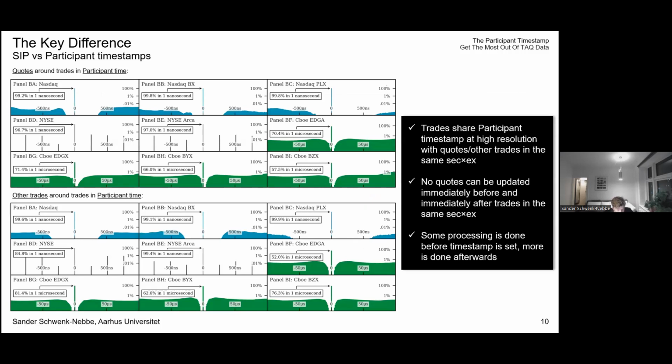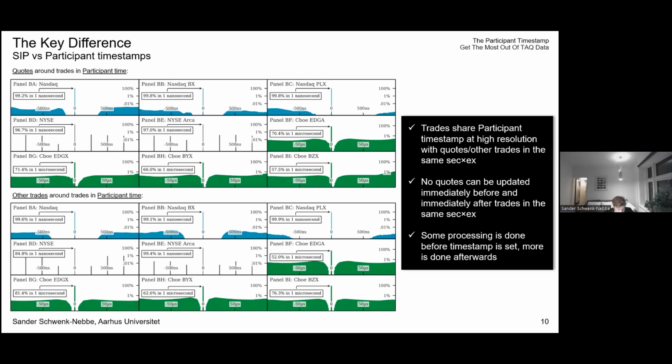Marketable orders are often executed against multiple resting limit orders, each time triggering a trade, and at the same time, orders do update the state of the book by consuming liquidity, each time updating the top of book. So in line with the pseudocode that I just showed, all of these events do receive then the same participant timestamp. So that is why we see these extreme peaks at time 0.